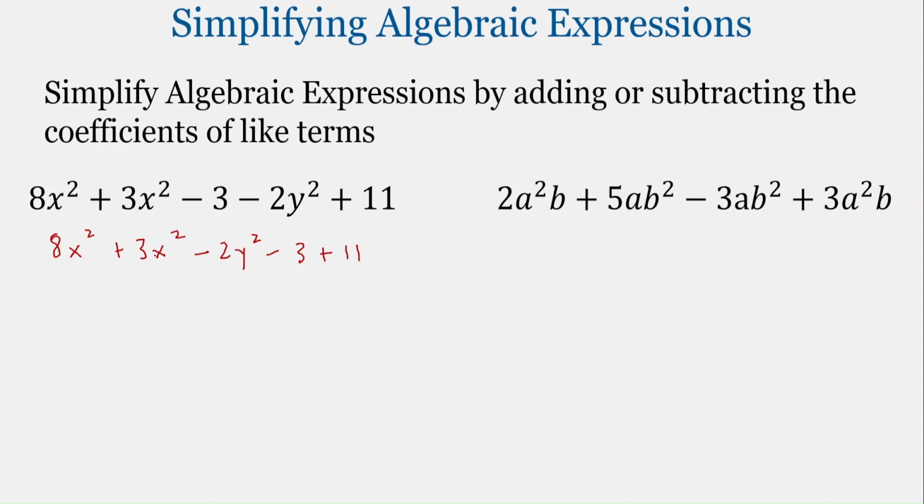And then 8x squared plus 3x squared, that's 11x squared. Minus 2y squared, there's nothing to combine with, so we'll bring that straight down. And then minus 3 plus 11 is plus 8.